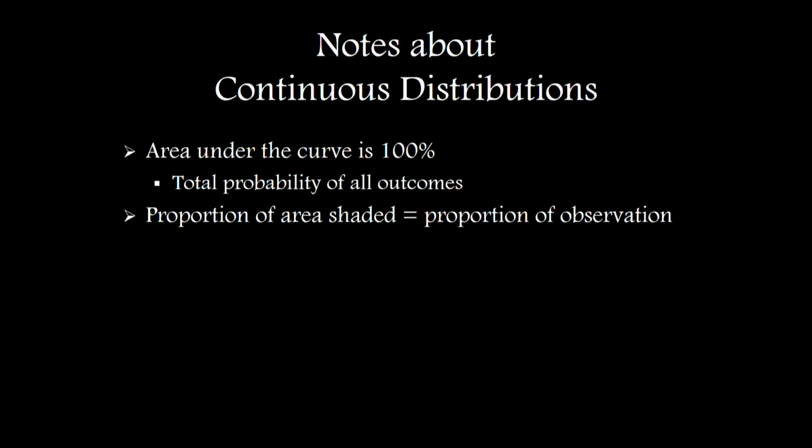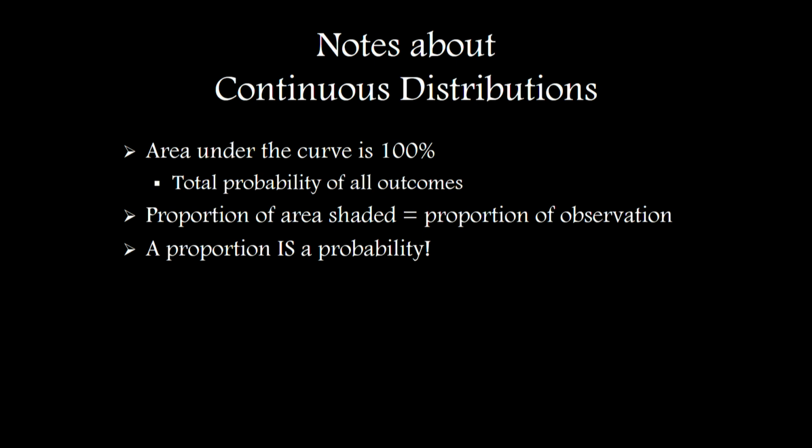That proportion of the area that is shaded is equivalent to the proportion of the observations that we're looking for. And keep in mind, I'm going to use these P words interchangeably, because a proportion is a probability. If I can figure out what proportion of the curve is shaded, then I can tell you the probability of that event.